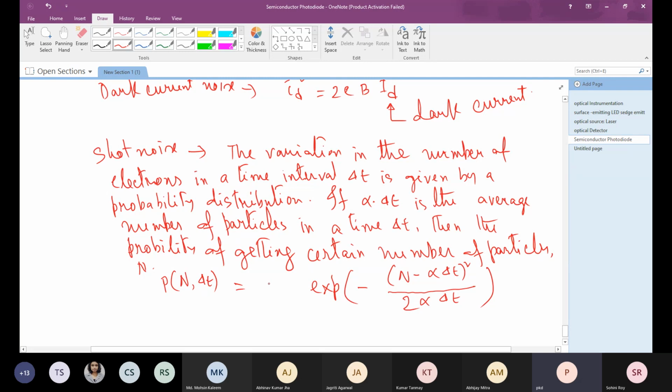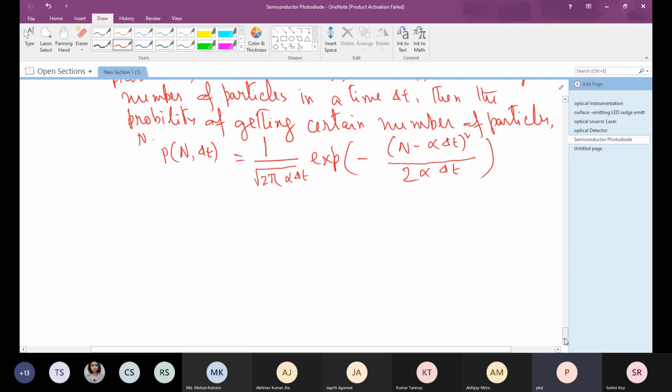There would be a normalization factor, one by twice pi times alpha delta t. I think it is alpha delta t, it needs to be checked afterwards.